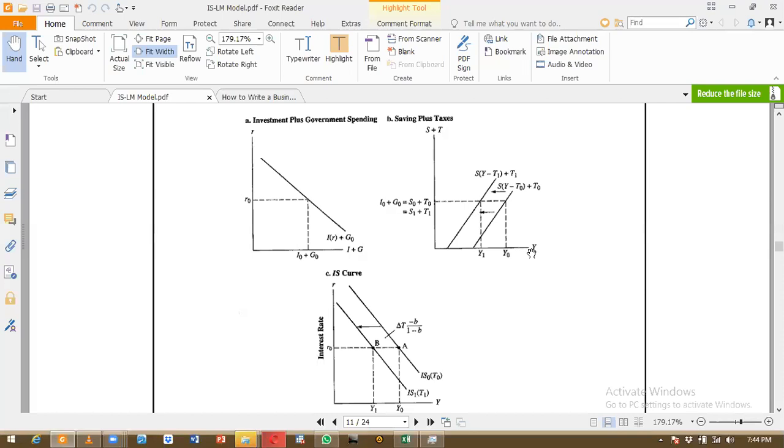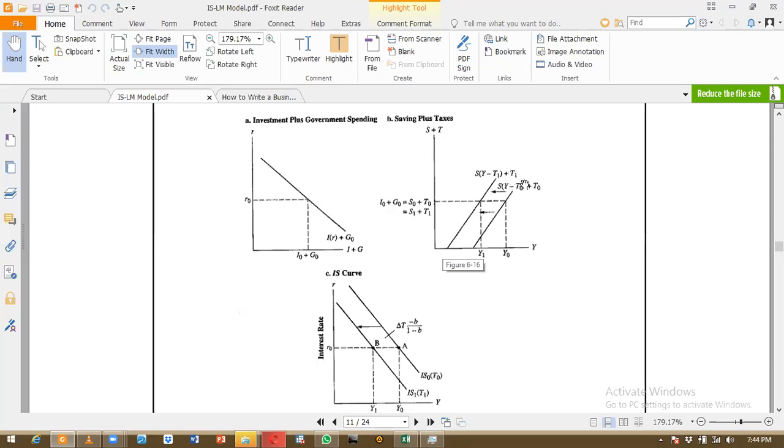So this was the equilibrium point, with our Y here. Now there is an increase in tax. If there's an increase in tax, this is going to be the new savings and tax schedule with the same injection schedule. There's no change in G, there's no change in investment, so this one is not changing.